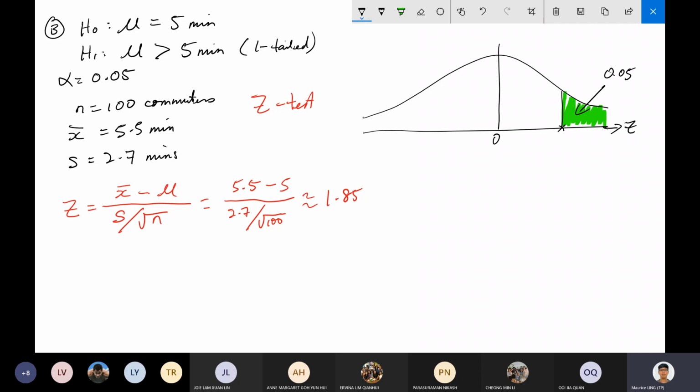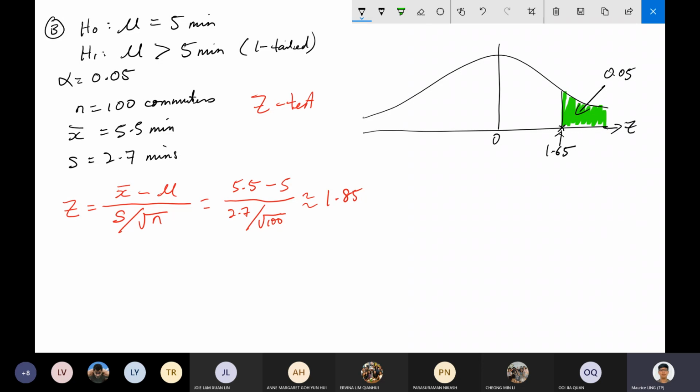What is this value on the Z axis? Read carefully, this is 1.65.